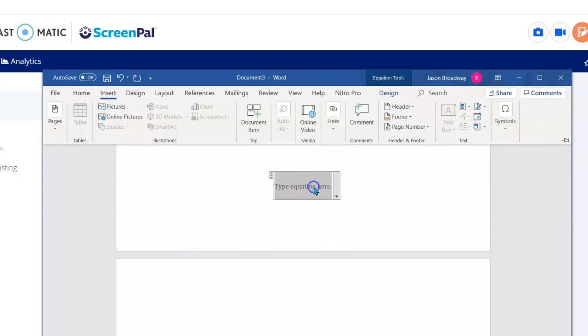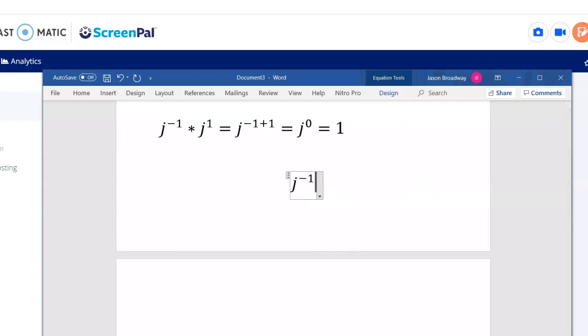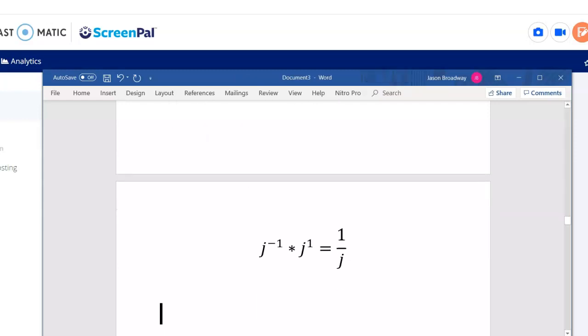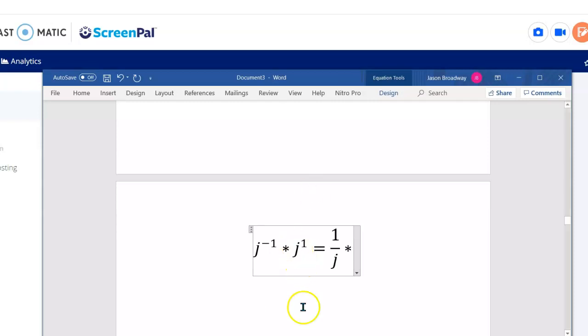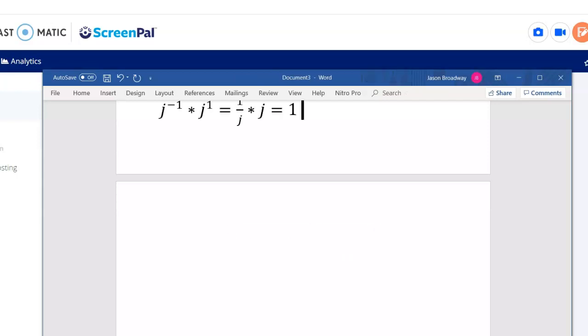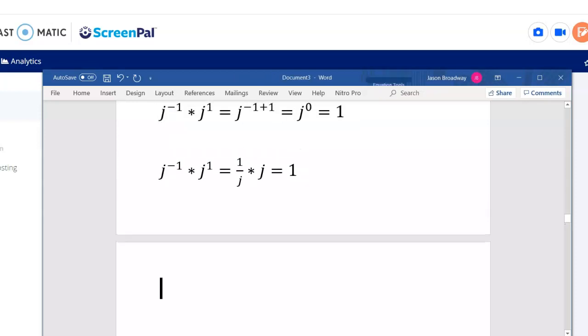But remember, we've also defined things this way. j to the neg 1 times j to the 1. Well, we've defined j to the neg 1 to be 1 over j. And we've defined j to the pos 1 right here to be j, right? But 1 over j times j is 1, because by reciprocal arithmetic, j is j over 1, and across this diagonal they cross cancel.